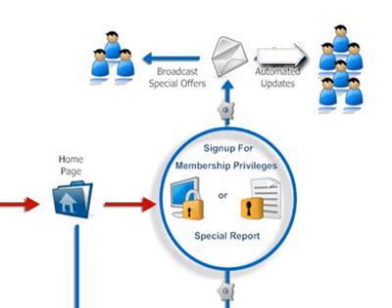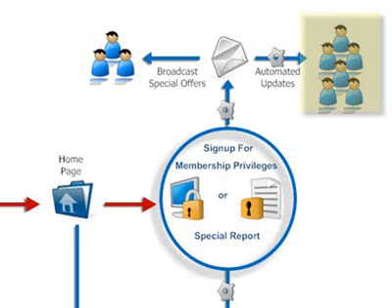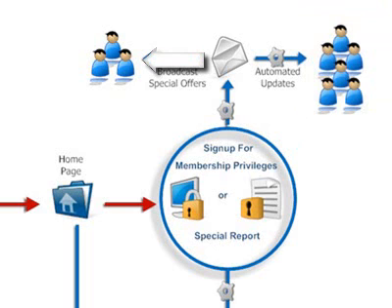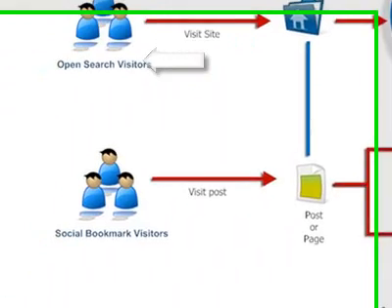As your content is added to your blog, to your site, it's automatically being pushed out to those members of your subscriber family in the form of an e-zine or a newsletter, whatever you might want to call it. You're building your tribe and keeping in constant contact with them automatically based on what you do on your Sales Builder site. Then also occasionally you're going to be broadcasting out special offers that you know are of interest to your tribe, to your target audience.